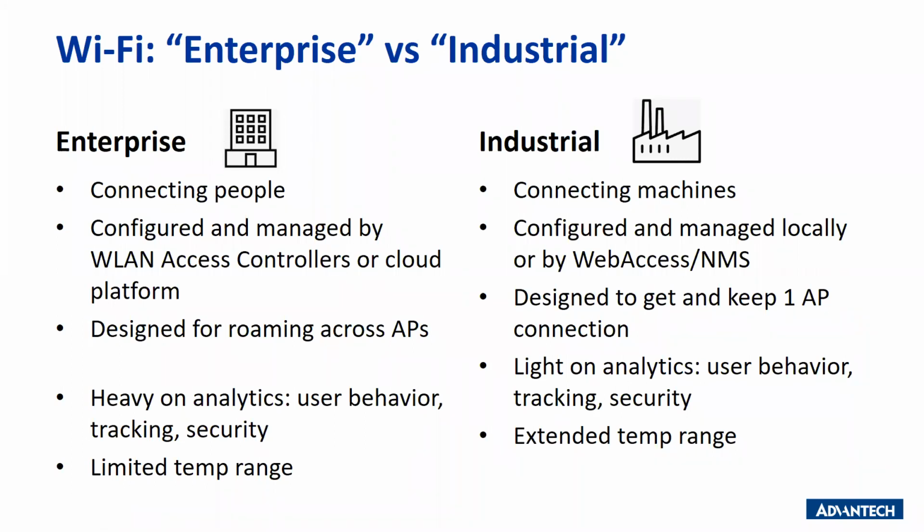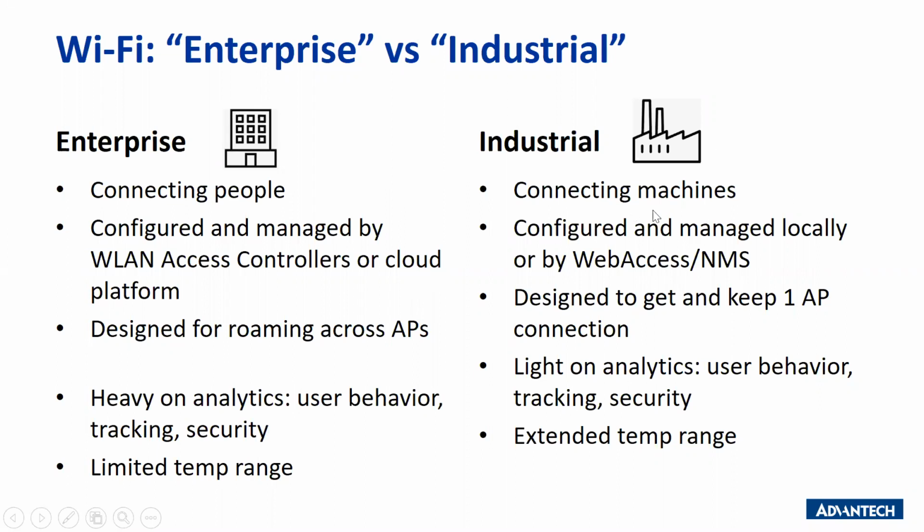Humans are involved day to day in the operating of that network. So you've got Wi-Fi access controllers, a cloud platform to track user behavior and security. You're roaming across access points. You don't have any kind of hardened temperature range really, or a lot of it's plastic devices.